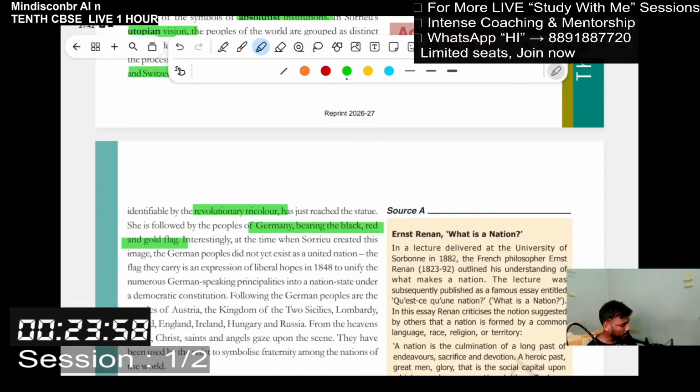Interestingly, at the time when Sorrieu created this image, the German people did not exist as a united nation. The flag they carry is an expression of liberal hopes in 1848 to unify the numerous German speaking principalities into a nation state under a democratic constitution.